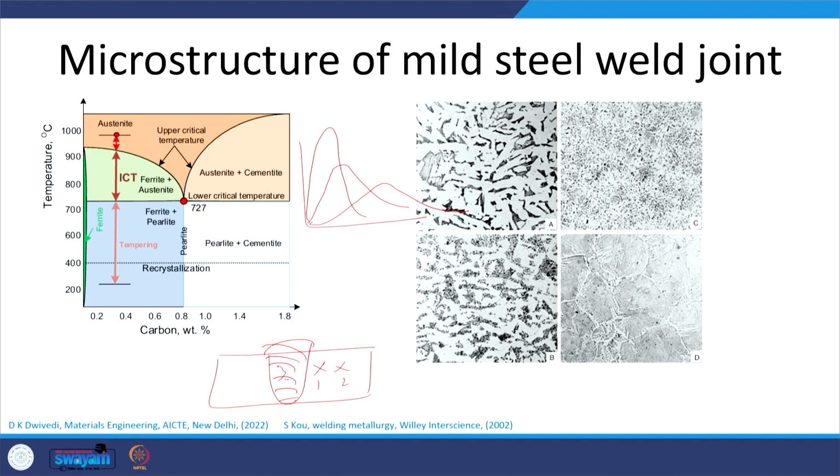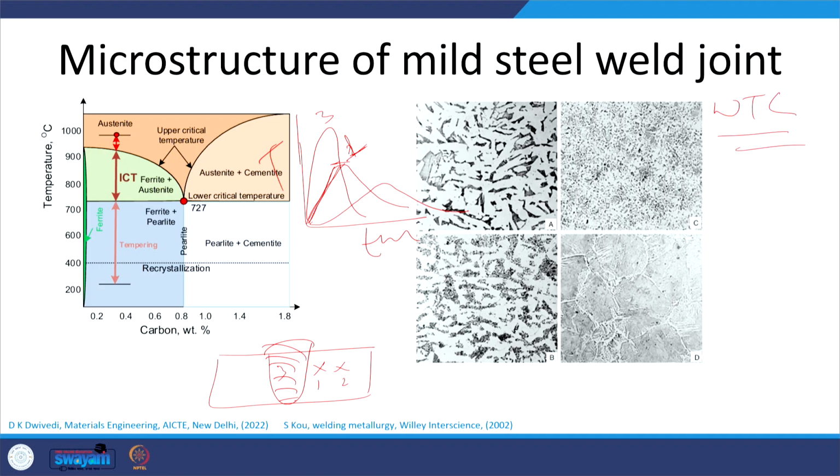Point 3, which is in the weld zone, will be offering the highest heating rate and cooling rate. On the other hand, point 2 or point 1, which is next to the fusion boundary, will be experiencing a little lesser heating rate, cooling rate and lesser peak temperature. This variation in temperature as a function of time is known as the weld thermal cycle.